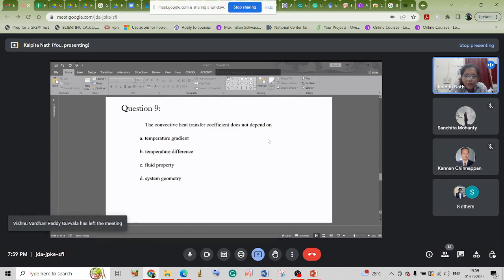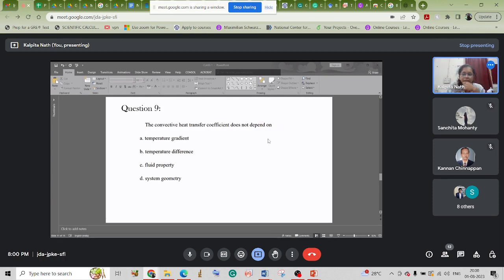So Newton's law of cooling is dependent on temperature difference, not the temperature gradient. Gradient means in a specific space, if the temperature is changing, like in a solid surface, temperature is changing, right?